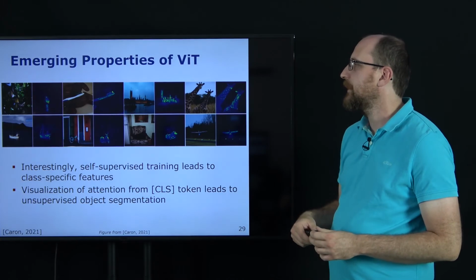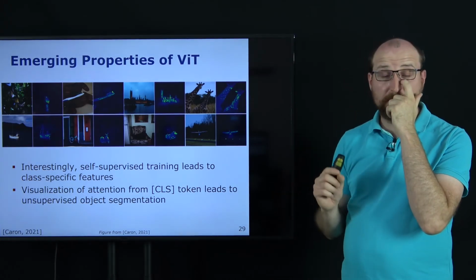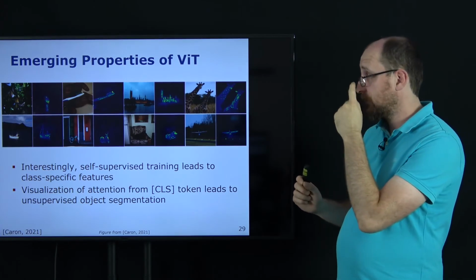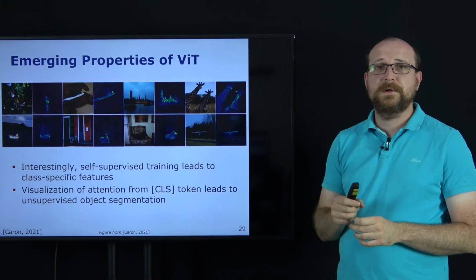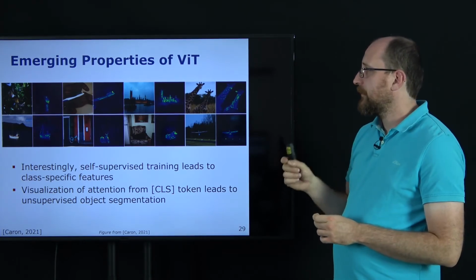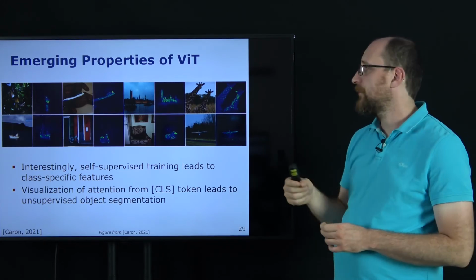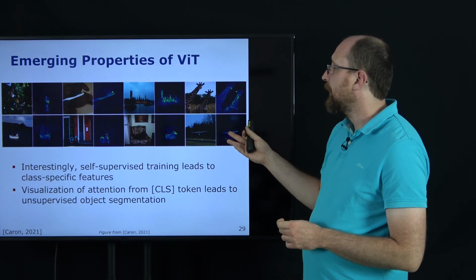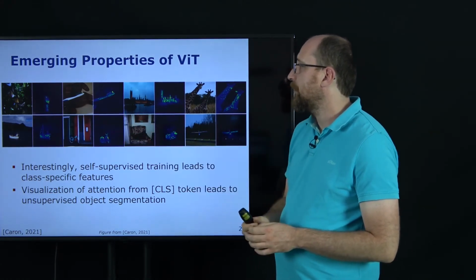So there were no specific classes given in the beginning, but when you take certain parts of the distribution that is coming out and then look at the attention weight, then you see that there are some objects basically emerging from this.